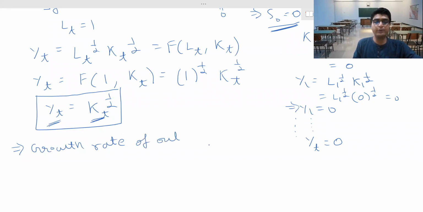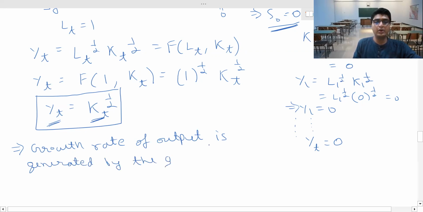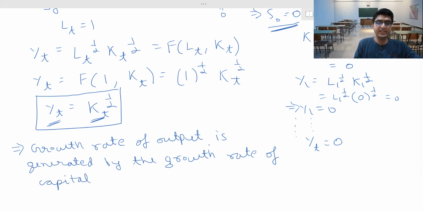So growth rate of output is generated by the growth rate of capital in this particular economy.